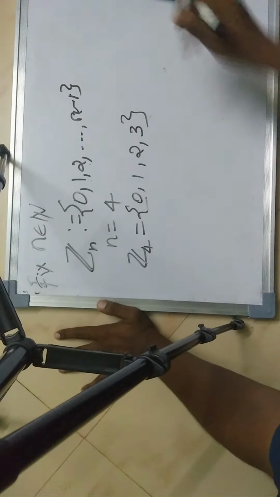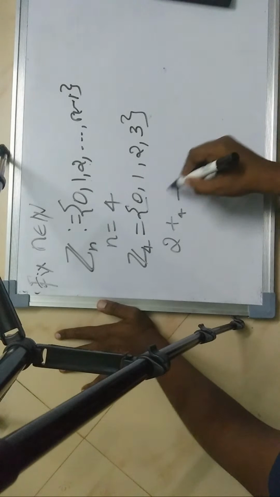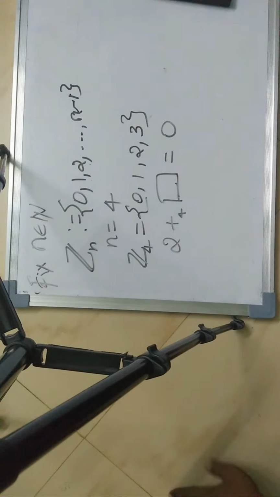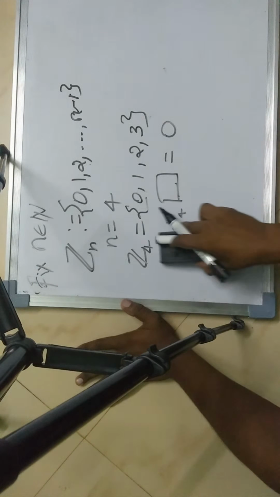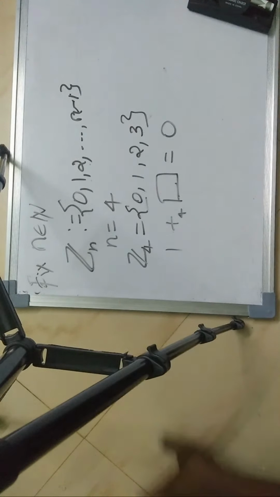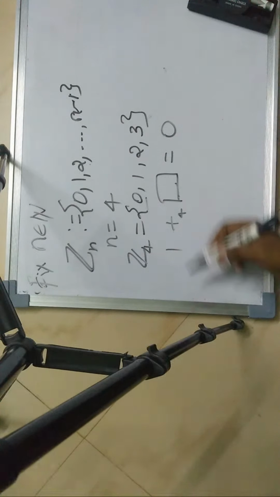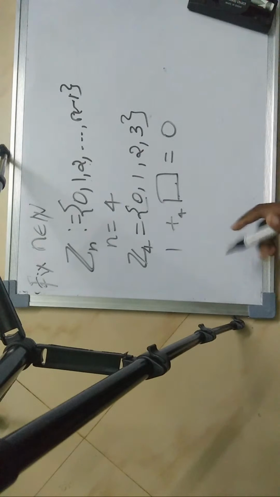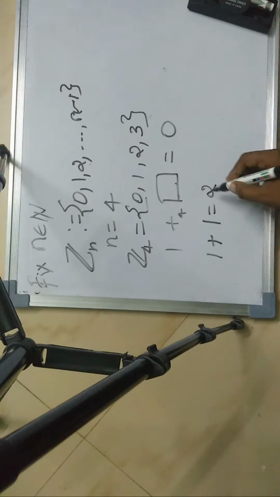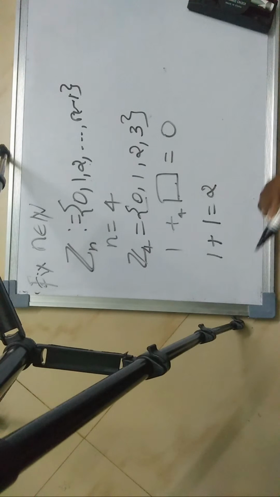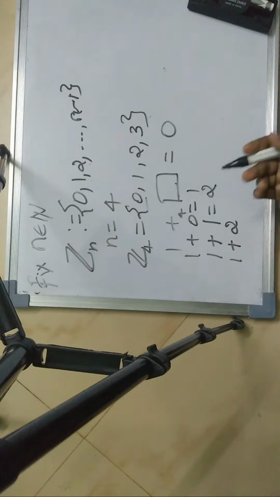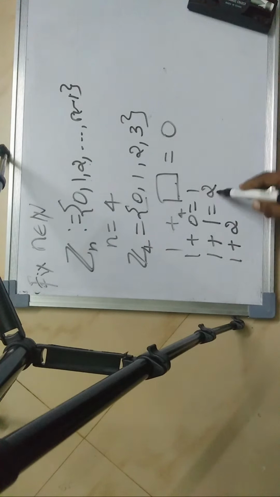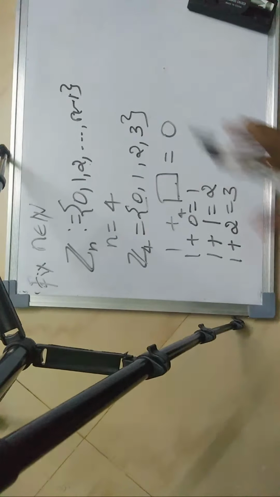Now let us consider the element 1. We need to find an element which, when added with 1 in addition modulo 4, gives us 0. 1 plus 0 will be 1, so definitely it is not 0. 1 plus 1 is 2; addition modulo 4, it is again 2. 1 plus 2 is 3; addition modulo 4, it is again 3.